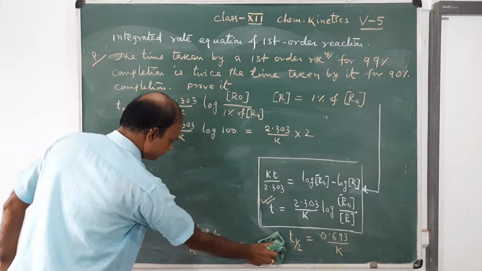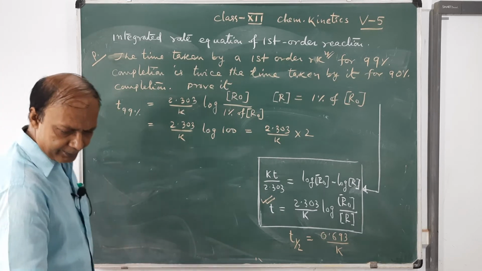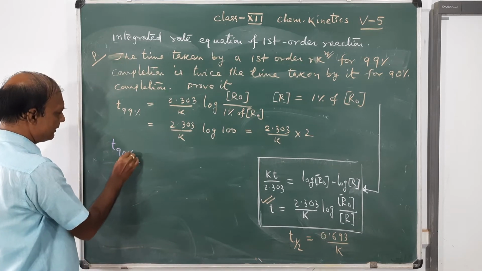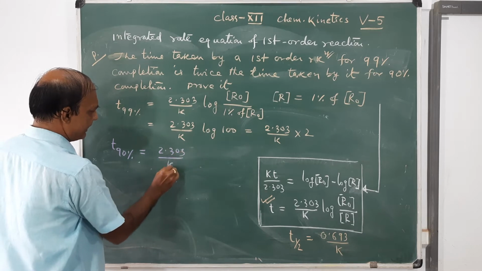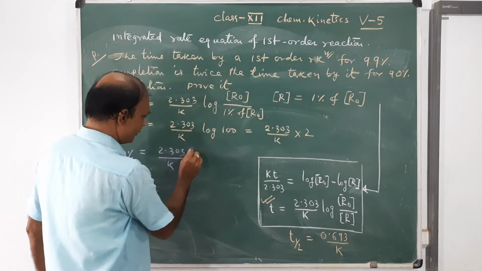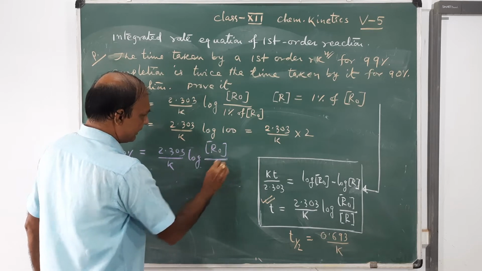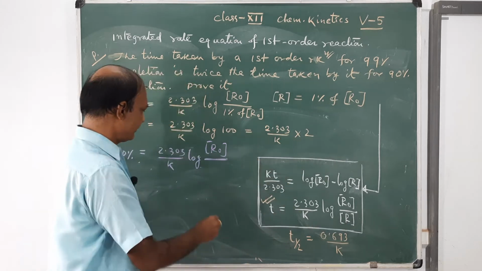T90%, see how to find it out. T90% is equal to 2.303 by K, from this equation, log R naught by R. Here R is 10% of R naught.